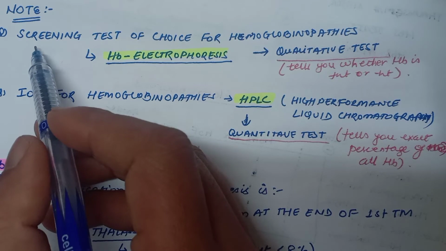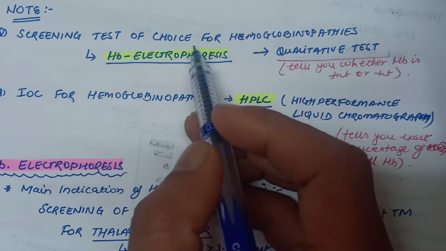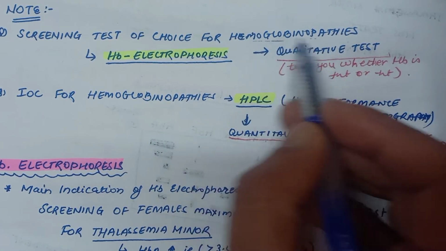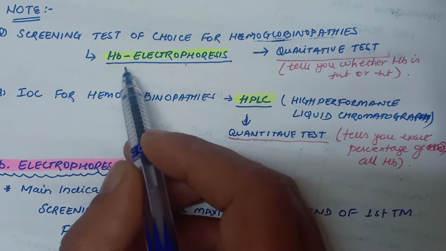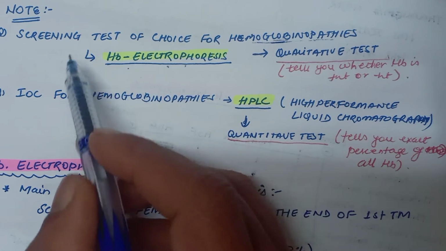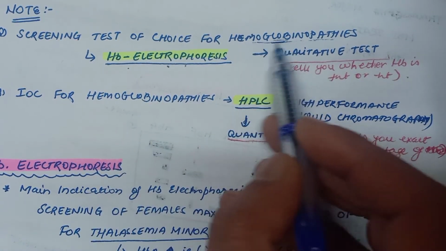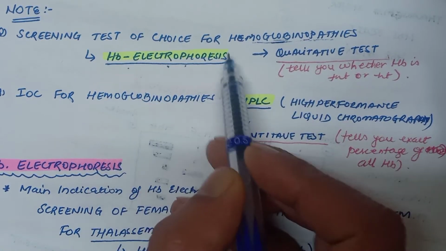So we should remember that the screening test of choice for hemoglobinopathy is hemoglobin electrophoresis. Hemoglobin electrophoresis is the screening test of choice for hemoglobinopathies, and it is a qualitative test.